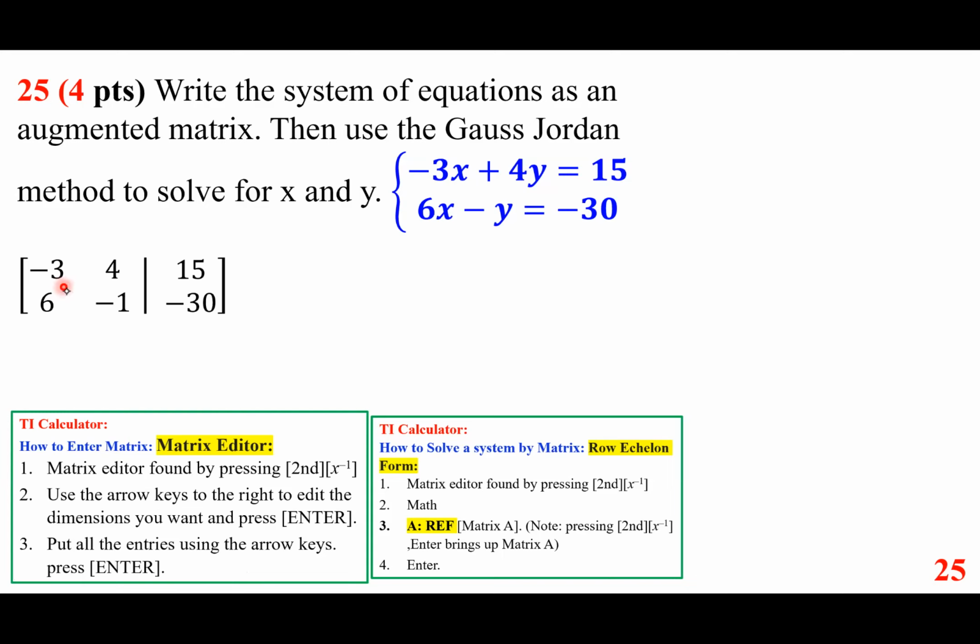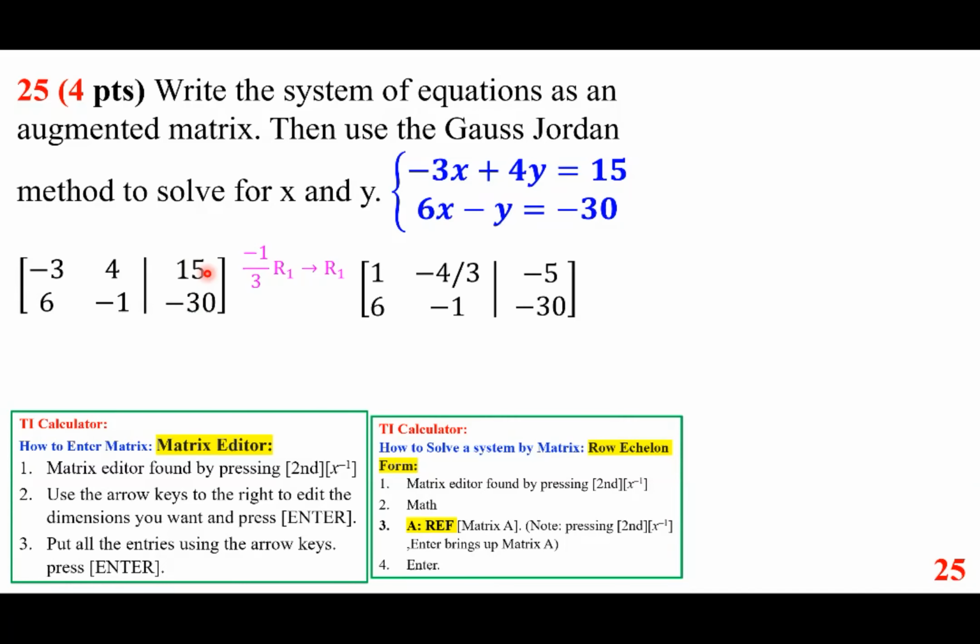One easy way is to multiply everything by negative 1/3, which changes this to positive 1. So negative 1/3 R1 goes to R1; that's the meaning of this arrow. This becomes negative 4/3, and dividing by negative 3 gives you negative 5.